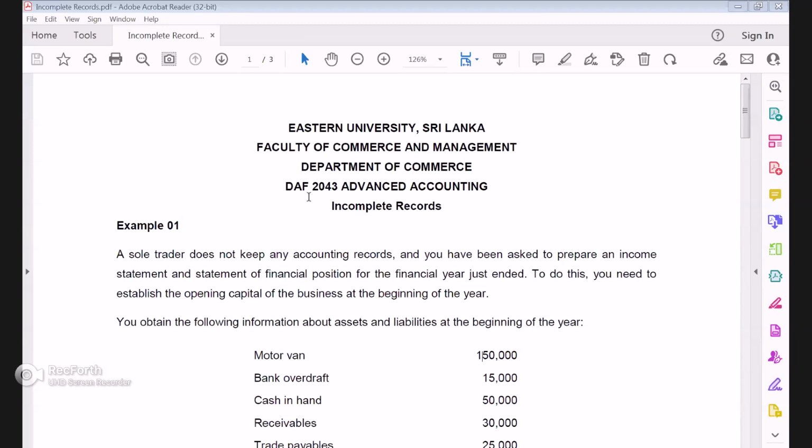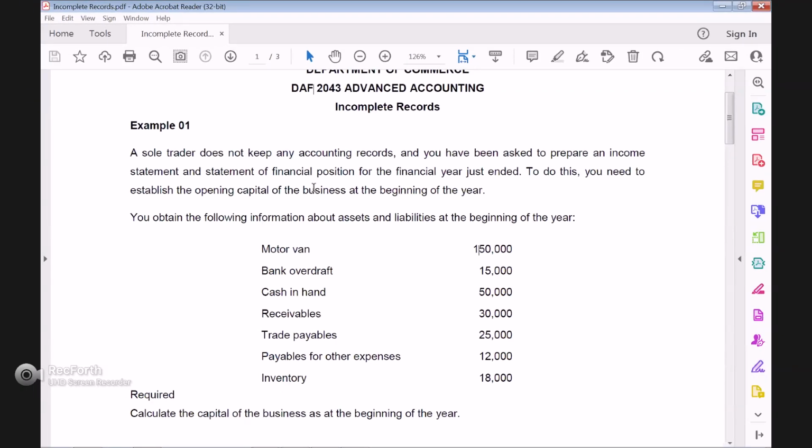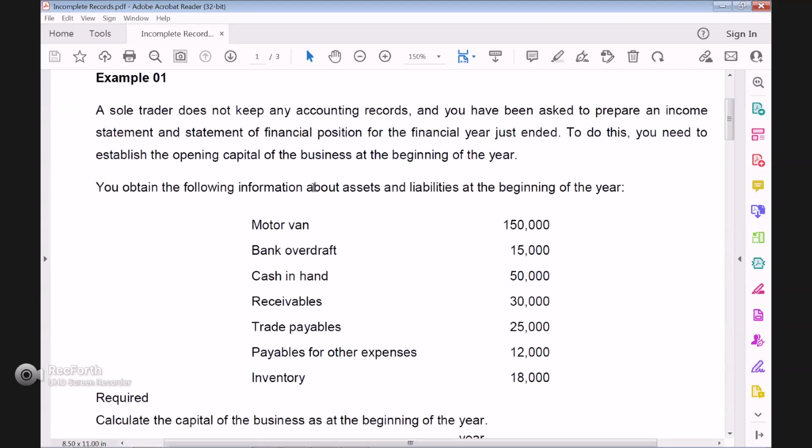We have to do the questions one by one. Easily you can understand. What about the first question? The sole trader does not keep any accounting records, and you have been asked to prepare the income statement and financial position for the financial year just ended.